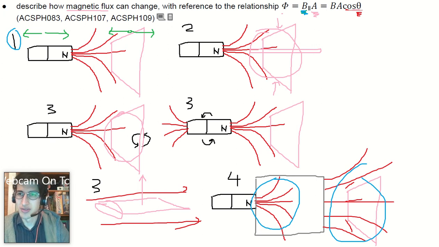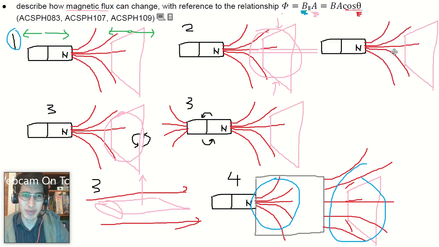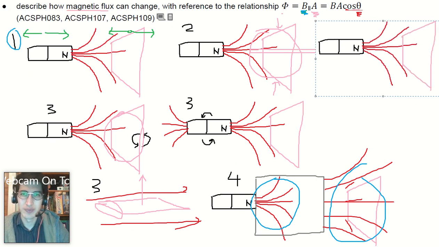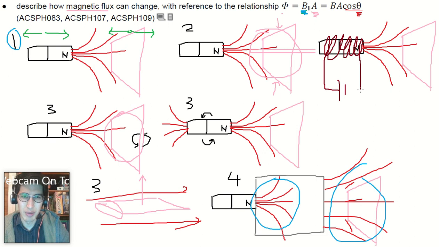Number 5. For number 5, we're going to have to start thinking about electromagnets. Is this going to fit? Okay. So an electromagnet is where instead of having a bar magnet like this, you have a power source attached to a coil of wire, and the coil of wire goes around ferromagnetic material before coming back down, right?